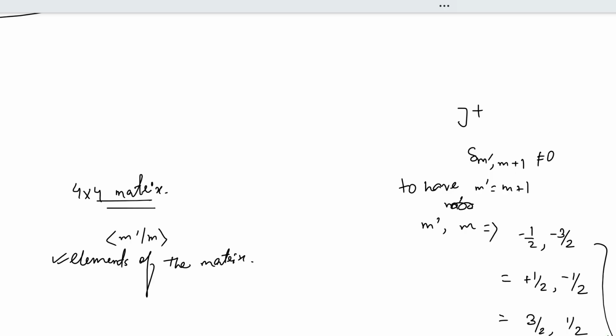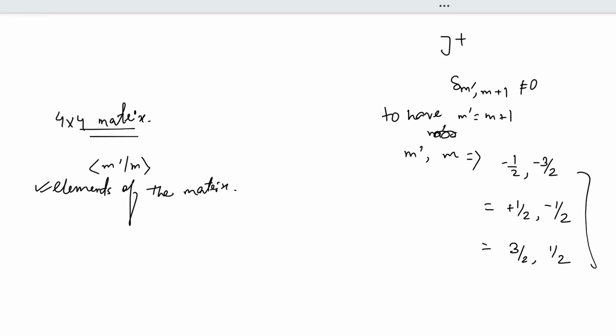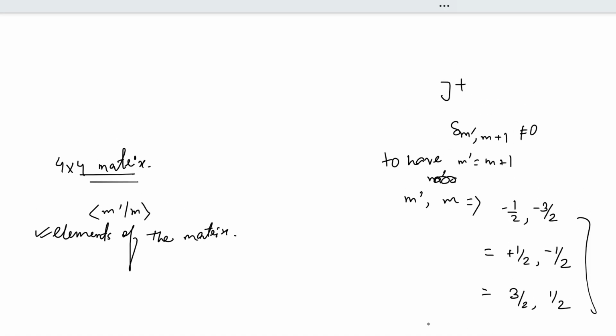So just the reverse of the earlier ones. Now you can choose in which case you get what. Also, the prefactor for the case where m prime equals m plus 1 is root of j into j plus 1 minus m into m plus 1. In the second case, where m prime equals m minus 1, the prefactor is root of j plus 1 minus m into m minus 1.